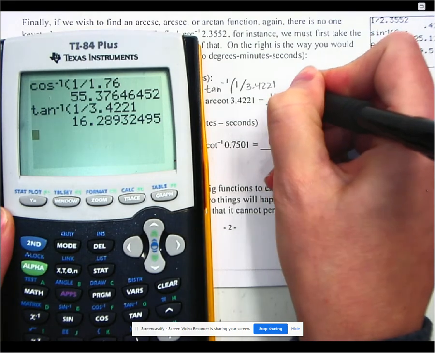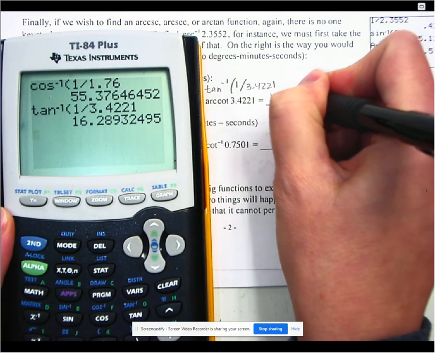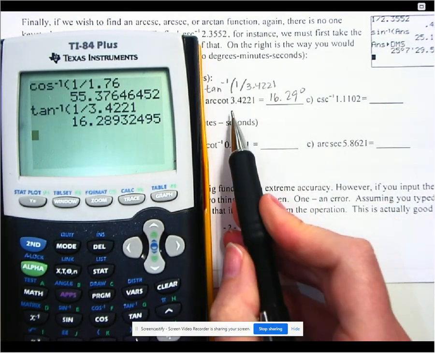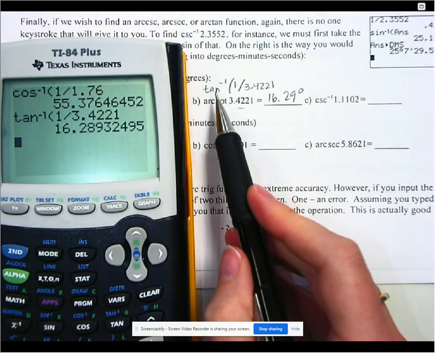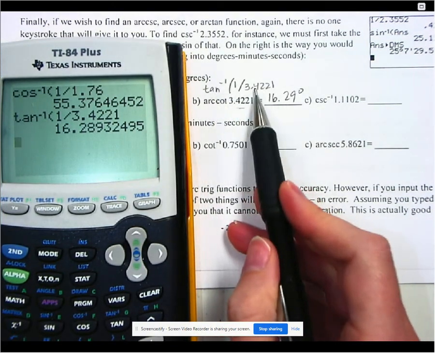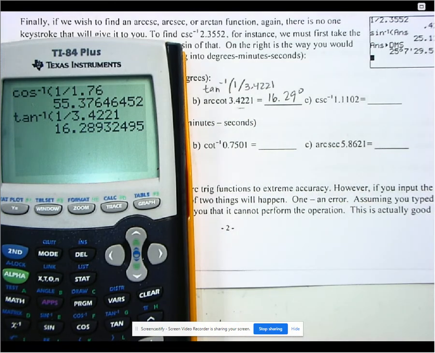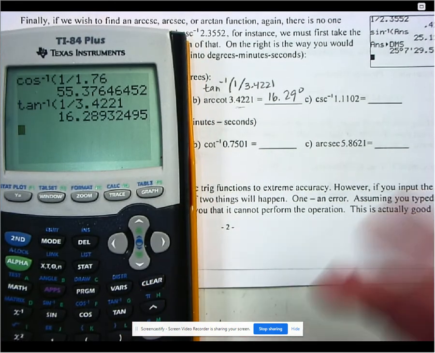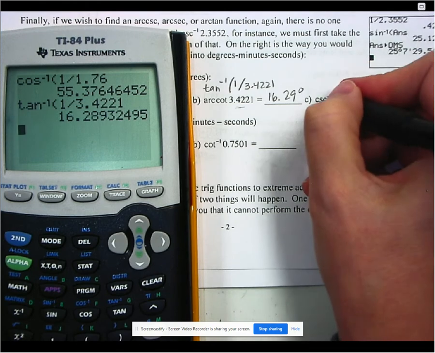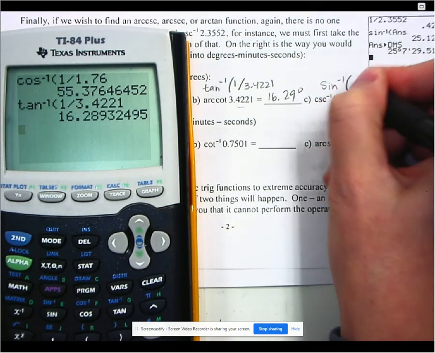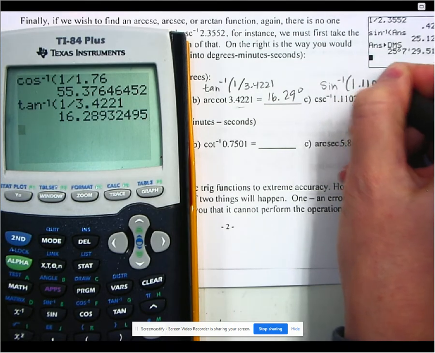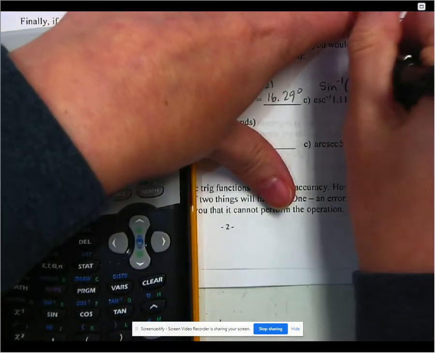The reason you do it that way is because we want the angle that has a cotangent of this. So that would mean that it would have a tangent of that reciprocal. So that's just how you tell your calculator how to do it. All right, if we want the inverse cosecant, we're going to do the inverse sine of the reciprocal. Oops, I didn't do reciprocal.